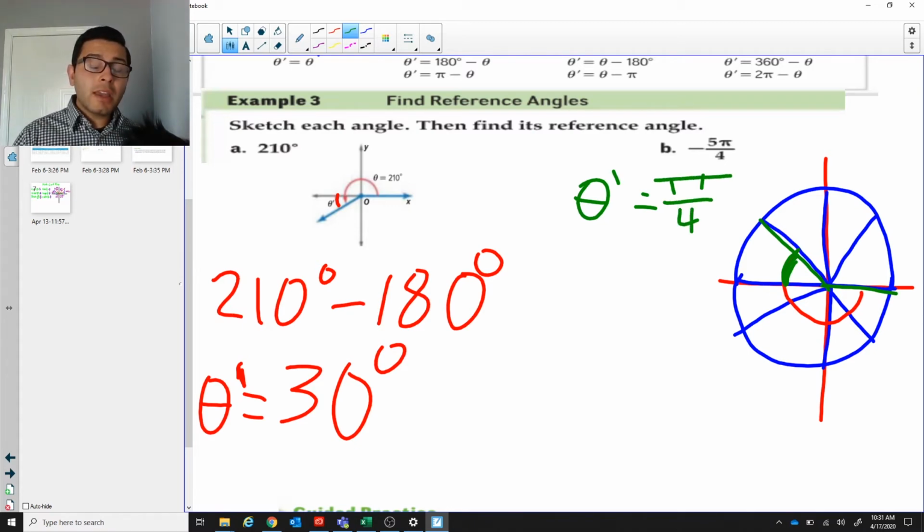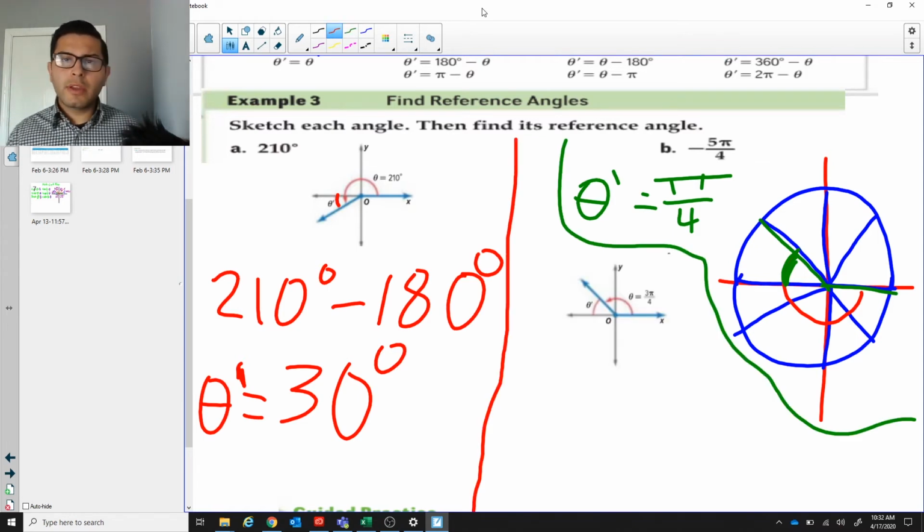Now, this is my favorite way of graphing radians, and I really implore you to look into this method. But I'll also show you the other way that we can do this as well. The other way of doing this is to find a coterminal angle. So if we look at negative 5 pi over 4, we want the first positive coterminal angle.